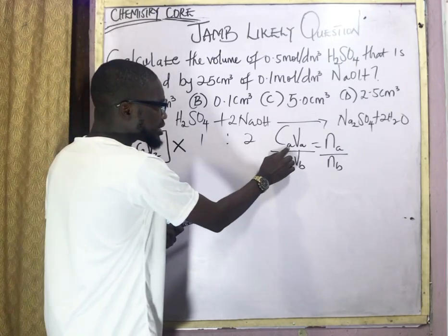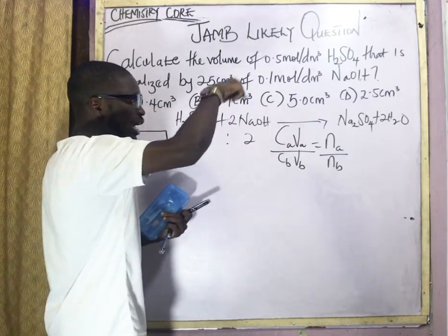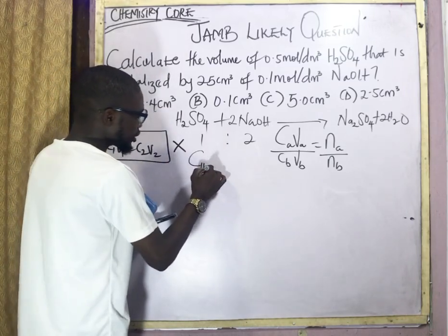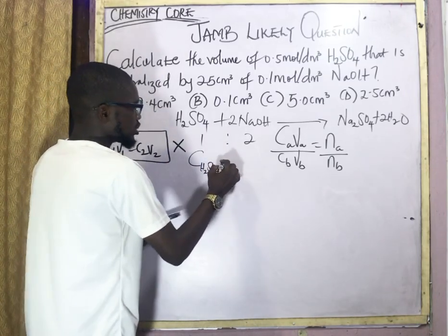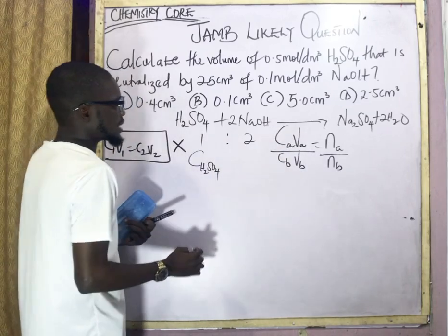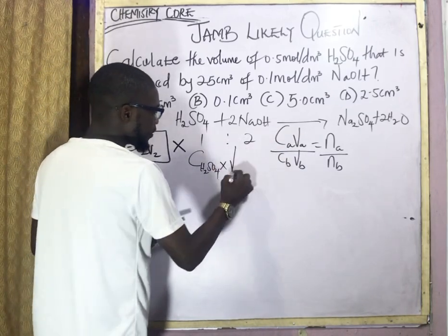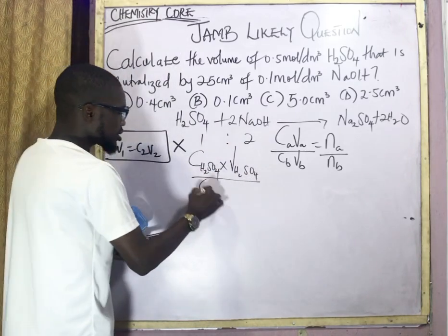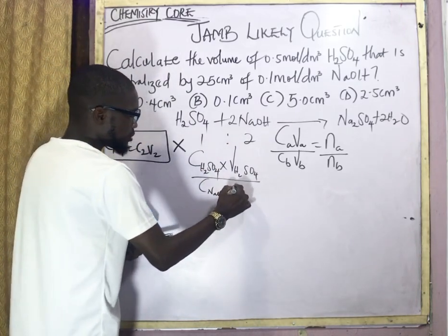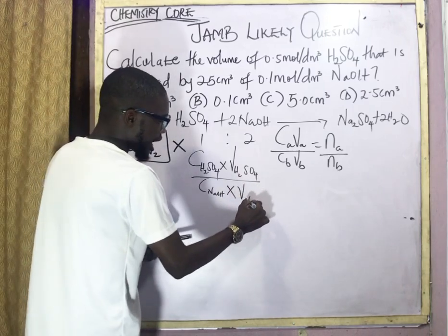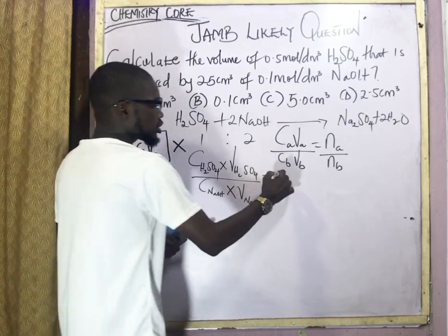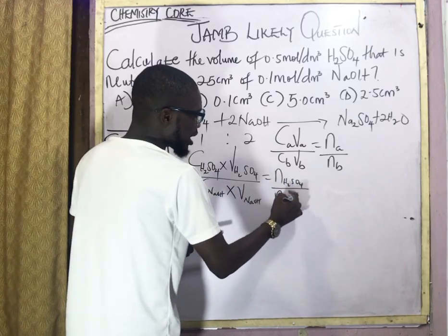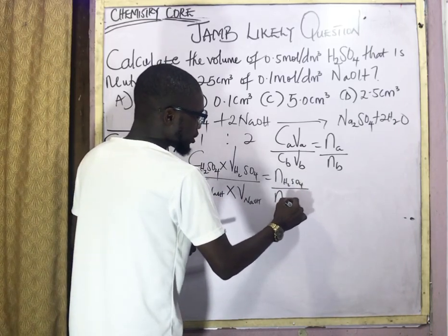Now, I will represent this CA with CH2SO4. So, with that, I can say that I have CH2SO4, the volume of the acid VH2SO4, over CNaOH multiplied by VNaOH, equal the number of mole of H2SO4, the acid, and the number of mole of the base.